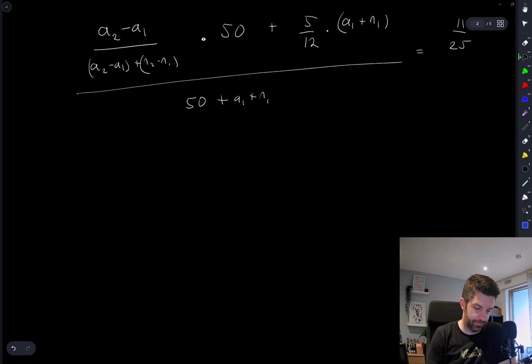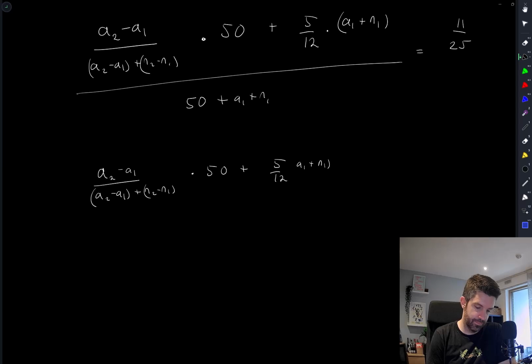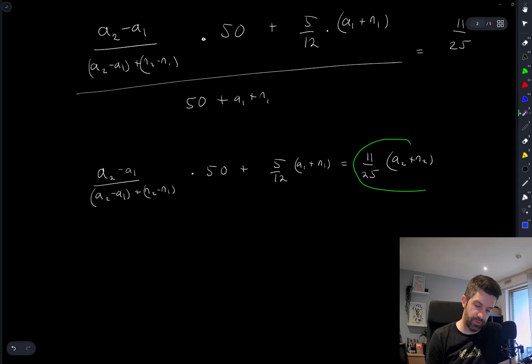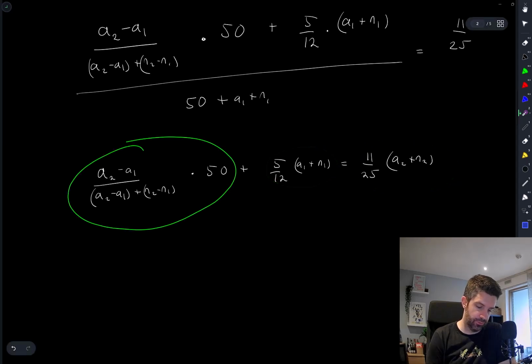Well, if I rewrite this, the proportion of adults after times the total number of people, that's going to be the number of adults after. That's the number of adults before, and that's the number of adults on the bus.